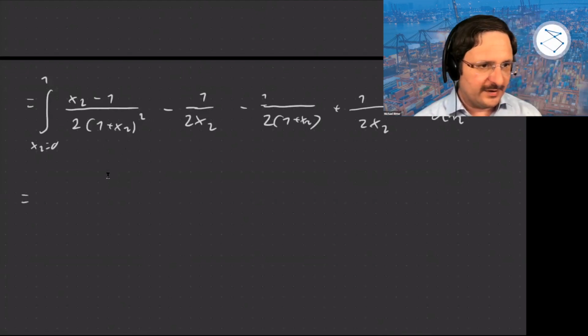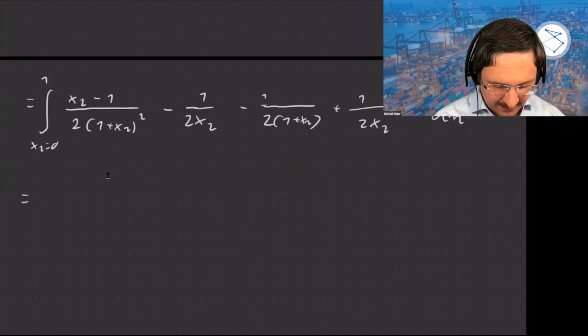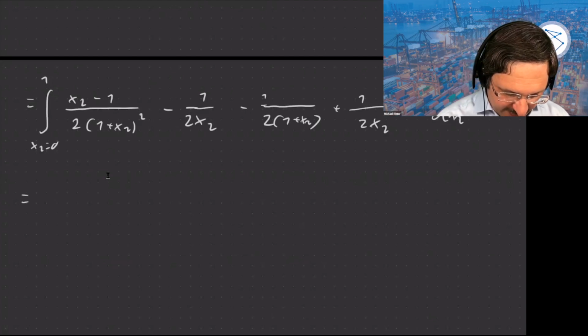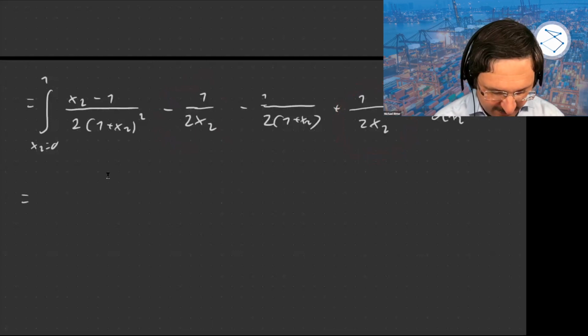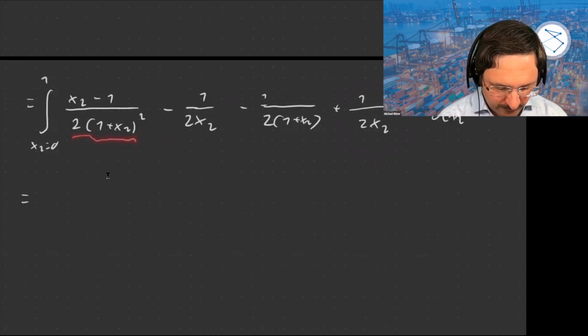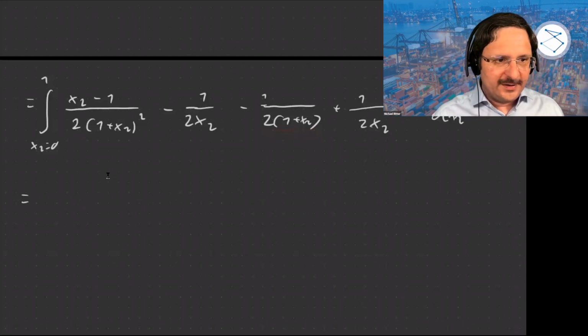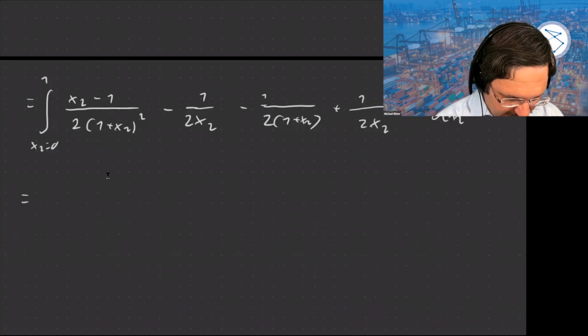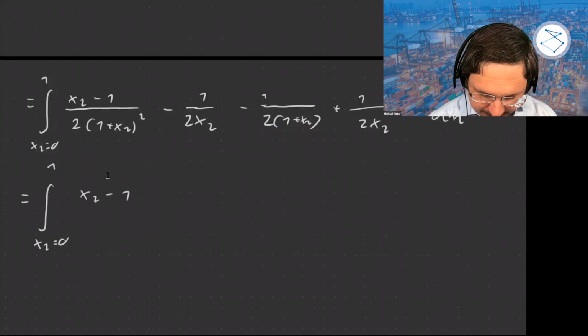So again, let's see if we can simplify this a little more before we start integrating. We have this expression minus 1 over 2x2 plus 1 over 2x2. So those two cancel out. Until we have 2 over (1 plus x2) squared and 2 over 1 plus x2 without the squared. So maybe we can rewrite that, get it all into one expression. We would have x2 minus 1 here.